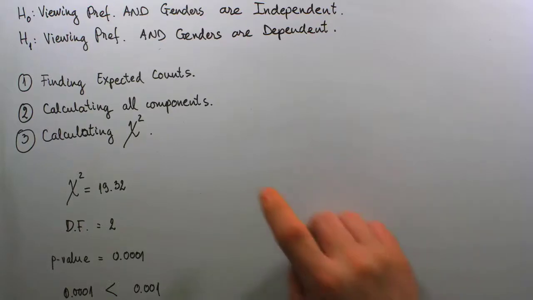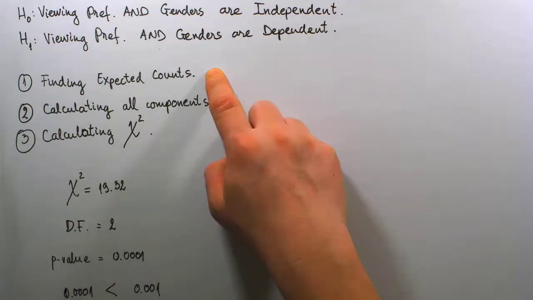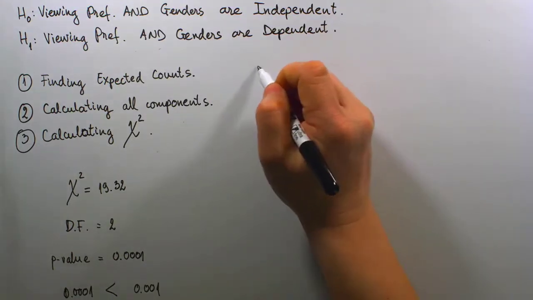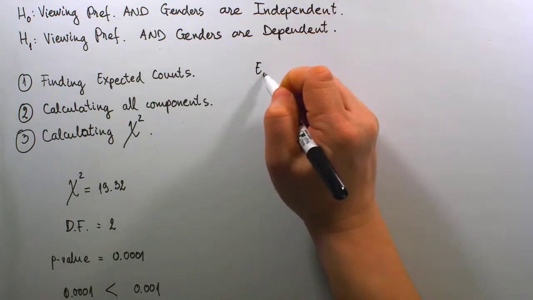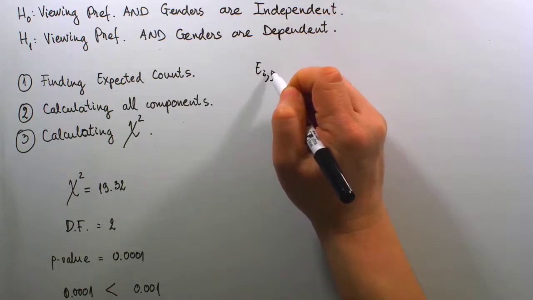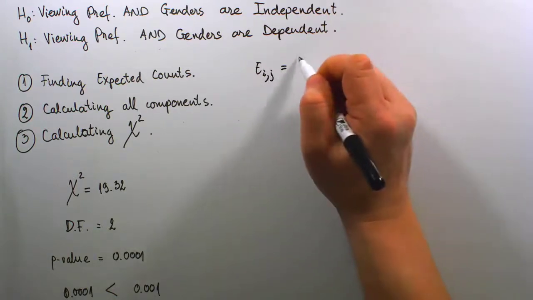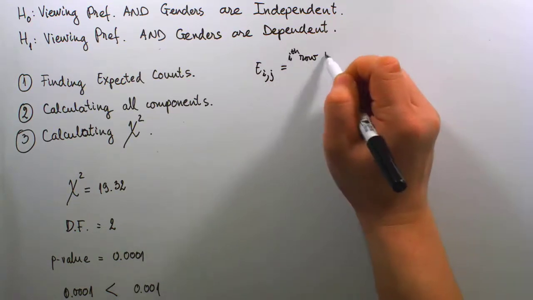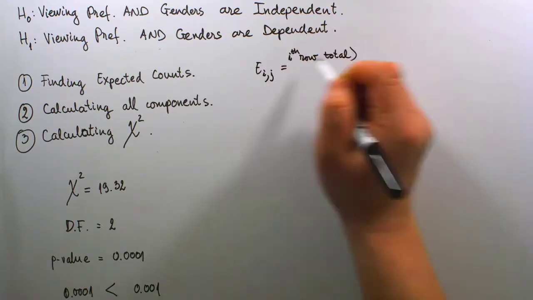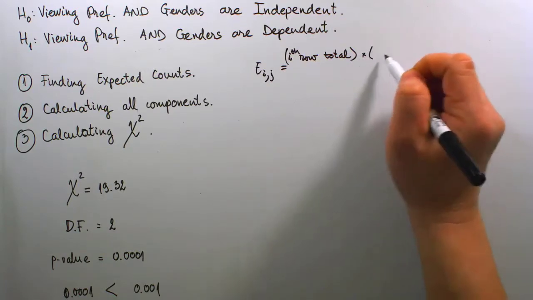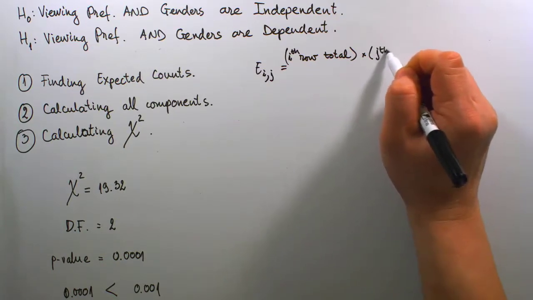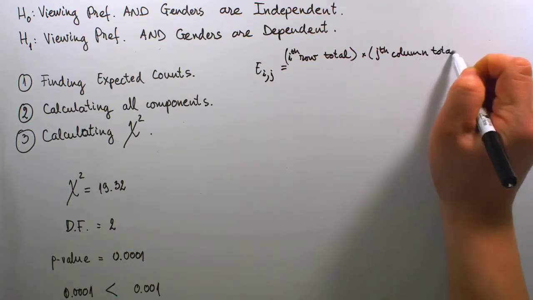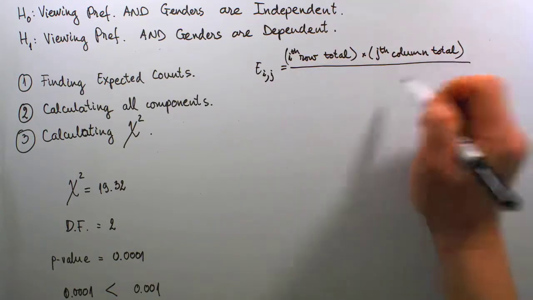And so I have to admit that a lot of theoretical explanation about where the formula for expected count comes from must wait. As a reminder, the expected count on any entry is the ith row total times the jth column total, divided by n.